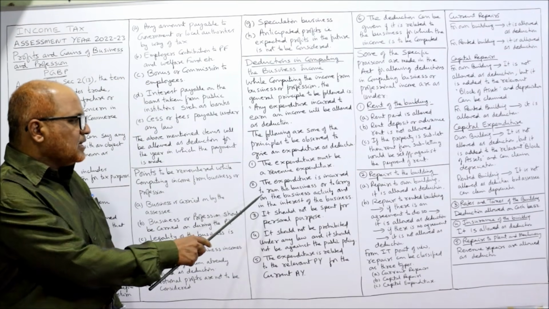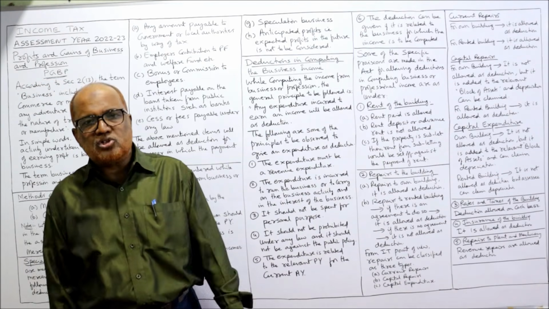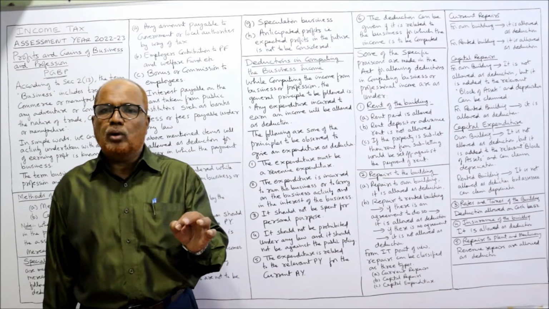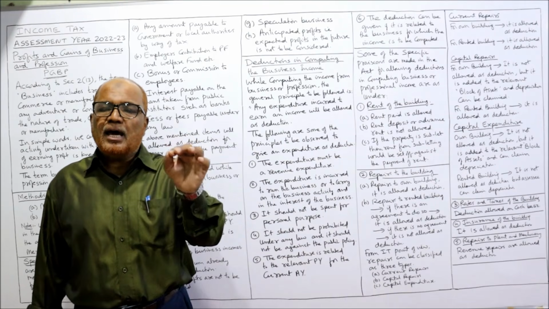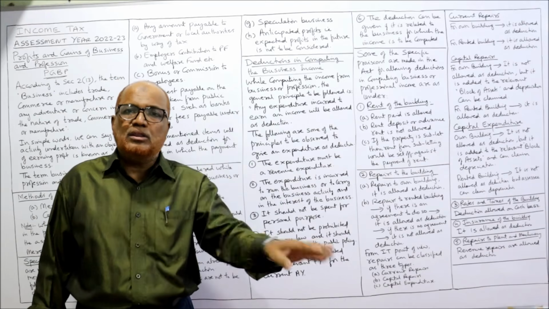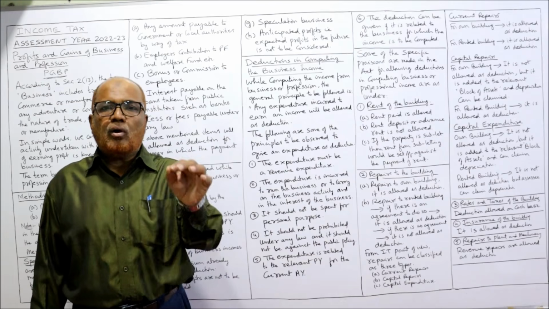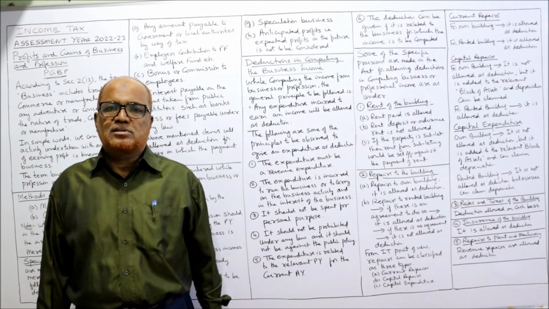Secondly, the expenditure is incurred to run the business or to carry on the business activity or in the interest of the business. Second rule, the Income Tax Act says the expenditure should be incurred in order to carry on the business, in order to run the business, in the interest of the business.